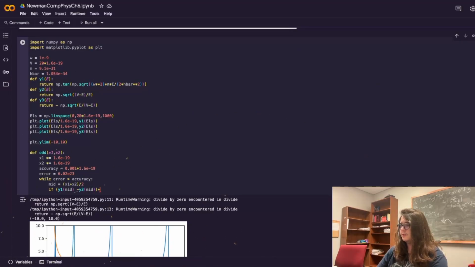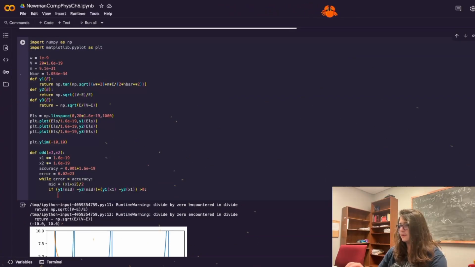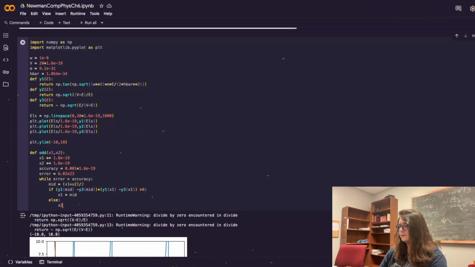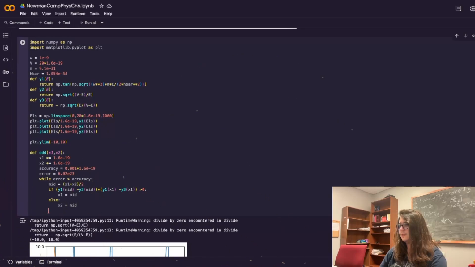If that happens to be the same side as y1 of x1 minus y3 of x1, so if it's greater than 0, then you set x1 equal to the midpoint. Otherwise, you set x2 equal to the midpoint.